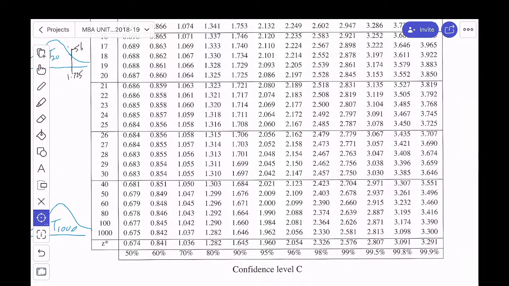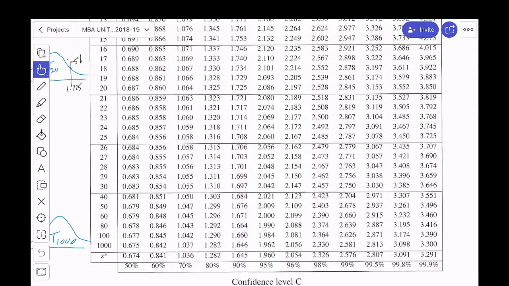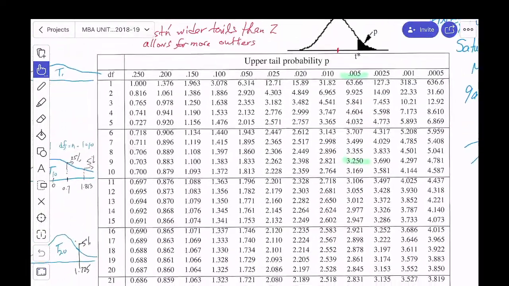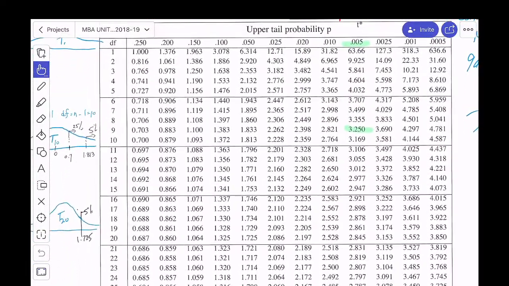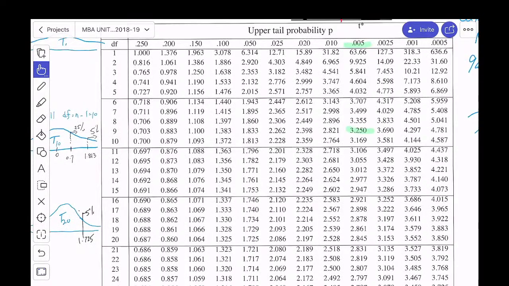I have to go up, right? So 90% is 5% in the upper tail, because it's 90 in the middle and then 5% on both sides. So what I need are these values here, and I'll take these ones with me.